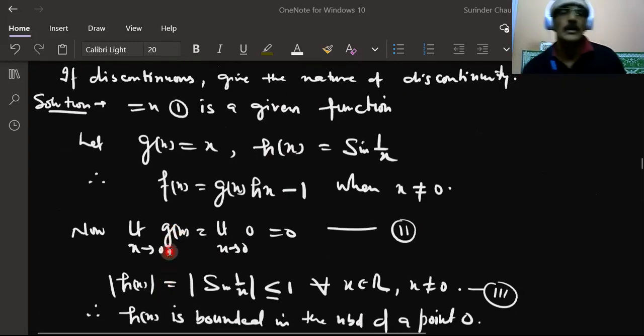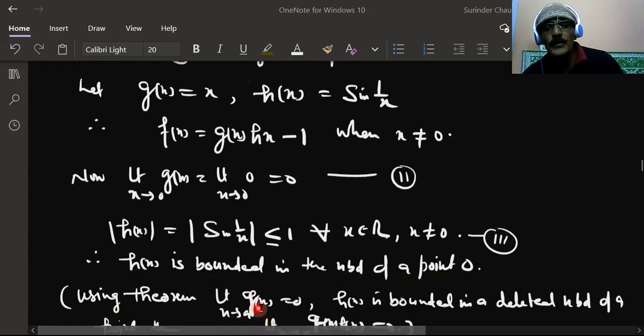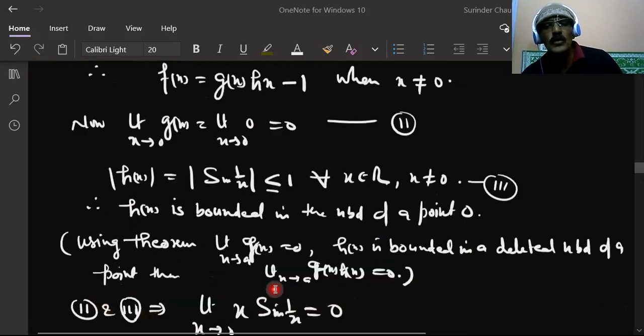Limit x tends to 0 of g(x) is equal to 0, and h(x) is bounded for all real numbers, so it is bounded in the neighborhood of x equal to 0. Using the theorem, since h(x) is bounded in the neighborhood of a point and limit x tends to a of g(x) is equal to 0, therefore limit x tends to 0 of g(x)h(x) is equal to 0.